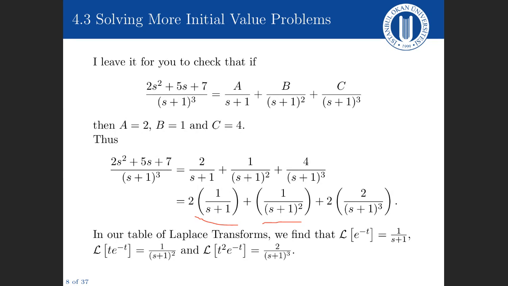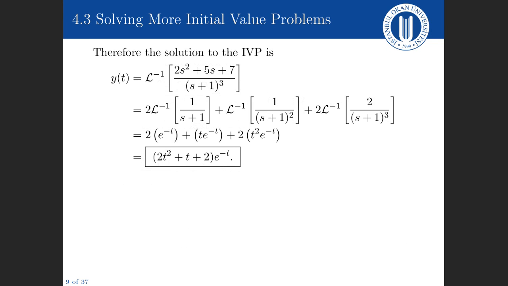And the Laplace transform of t squared e to the power minus t is 2 divided by s plus 1 cubed. Now that we know this, we can write down the solution. The solution to the initial value problem, once we've put these formulae in and simplified, you can check is 2t squared plus t plus 2 multiplied by e to the power minus t.